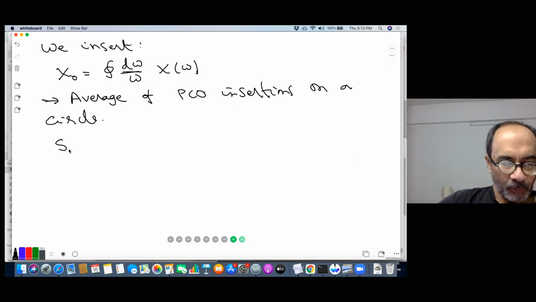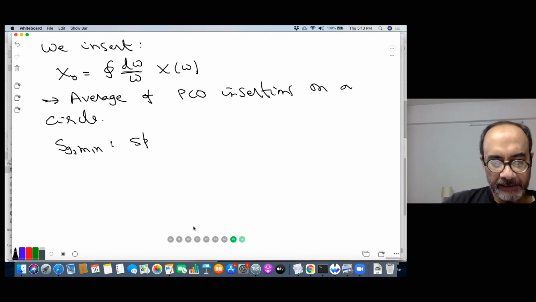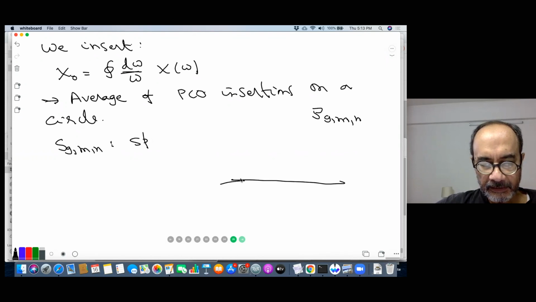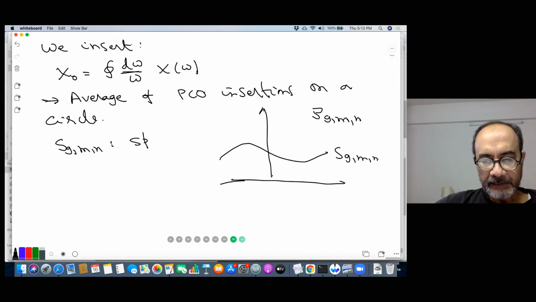So I said that to pick SGMN, we specify this. I mean, let's look at this picture. So if you take PGMN, then specifying a section means that you are specifying both the local coordinates as well as the PCO locations as a function of MGM.